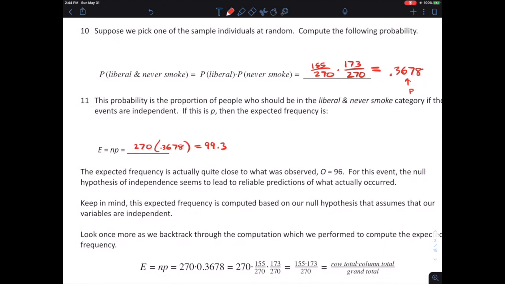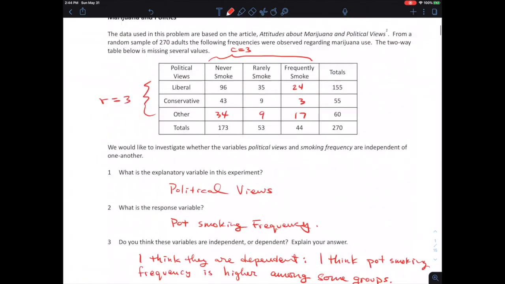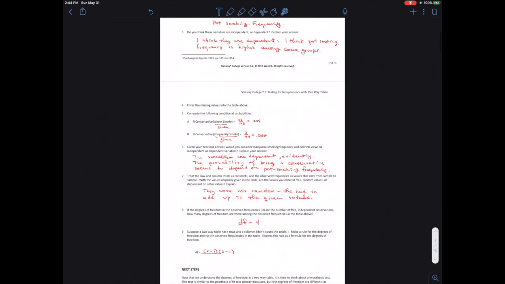But what was actually observed is 96. So let me show you that in the table. Okay, there were 96 people who considered themselves liberals and never smoked. So we just multiply the two probabilities. We expected 99.3, and we got 96. Okay, so that's pretty close.